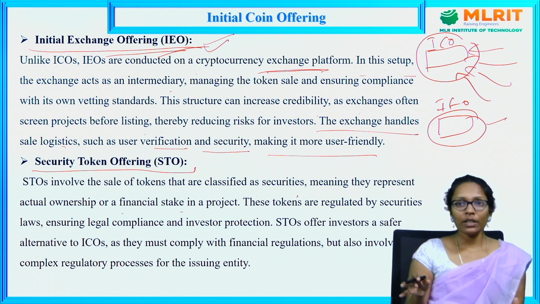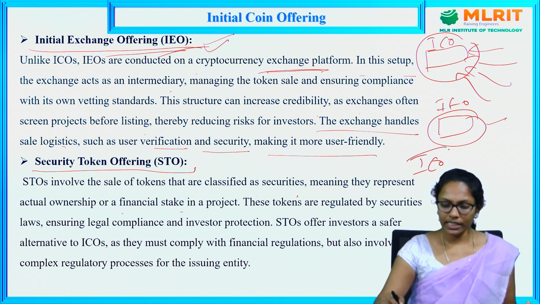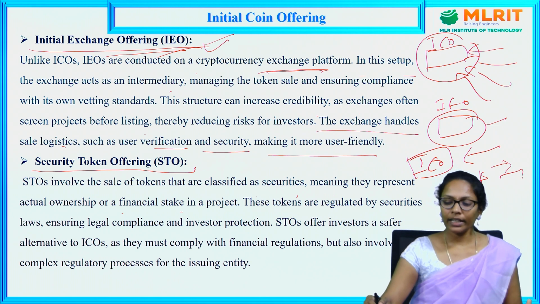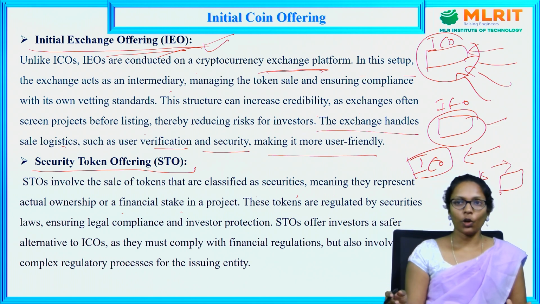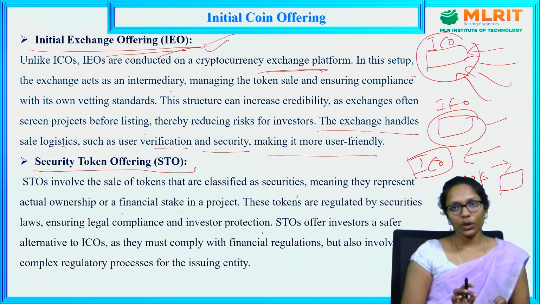Whenever I invest something, I immediately get papers. Consider an ICO: I'm investing some $100 into this company, then immediately I get an official document saying you have invested $100 in this. Like that, a sort of security will be provided here. These tokens are regulated by security laws, ensuring legal compliance and investor protection. So here we also have security regulations and security laws, all those things are available.